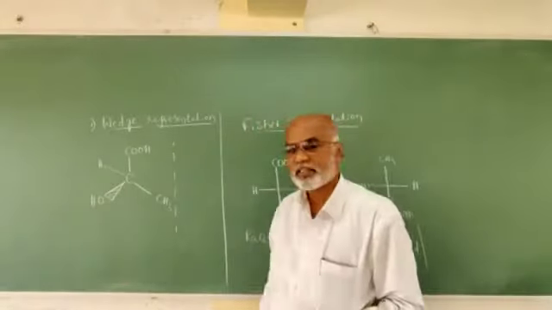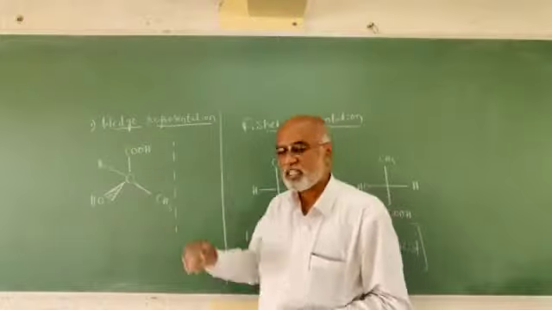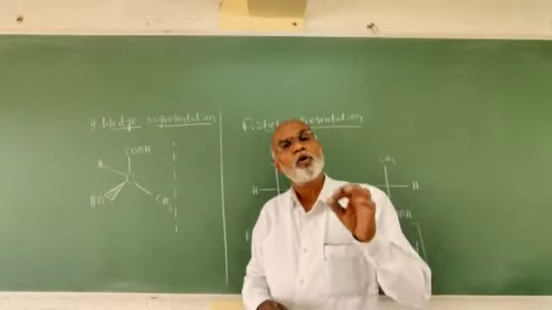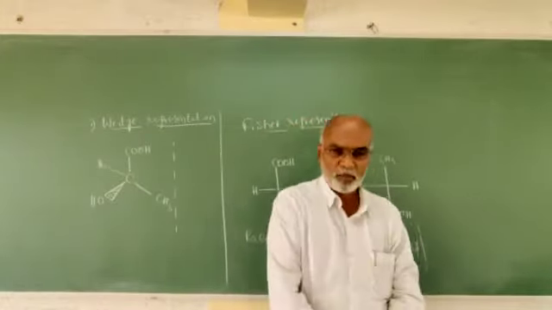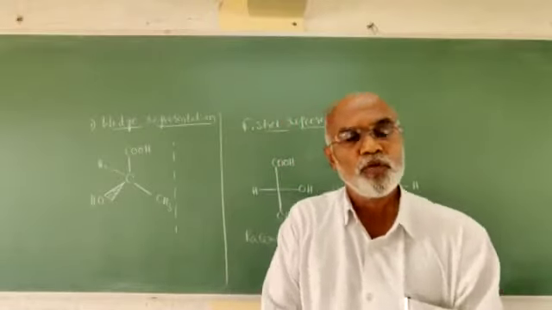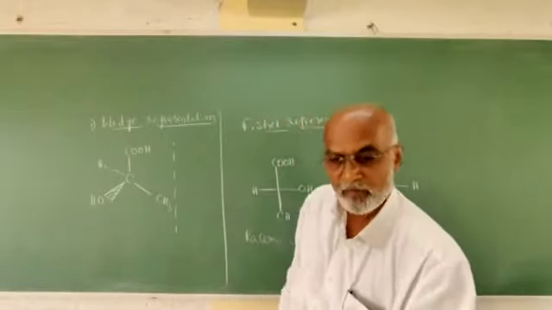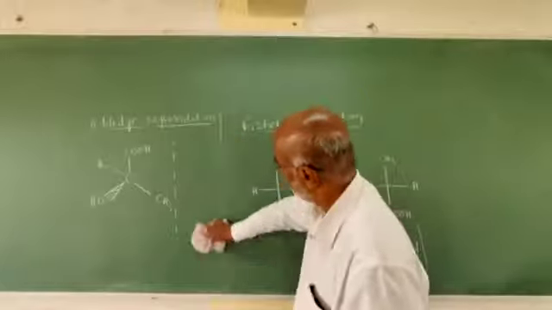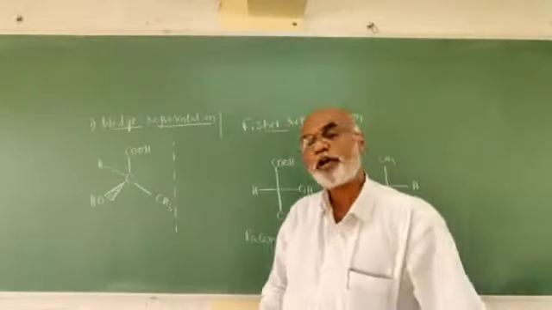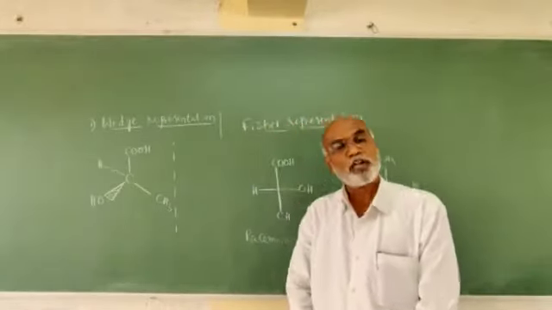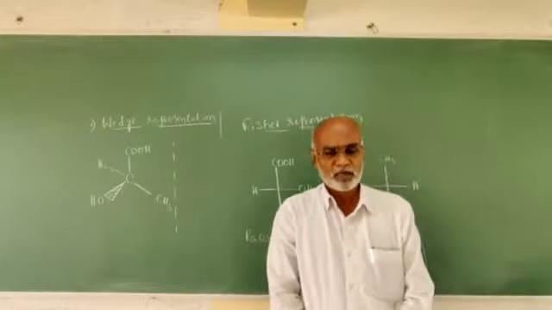This lactic acid has three carbon atoms, out of which one is the chiral carbon atom. So by knowing the number of chiral carbon atoms for any molecule, we are able to decide the number of possible isomers. For example, lactic acid, though it has three carbon atoms, has only one chiral carbon atom.